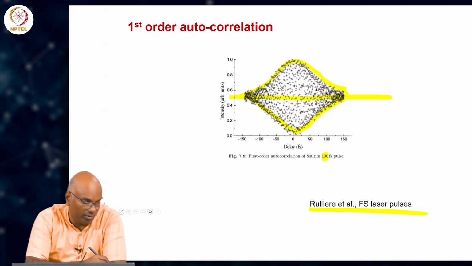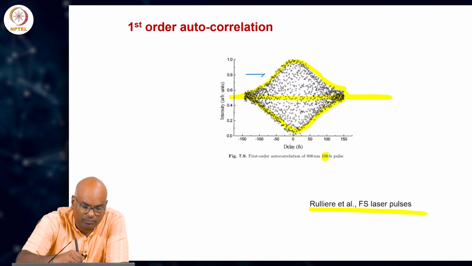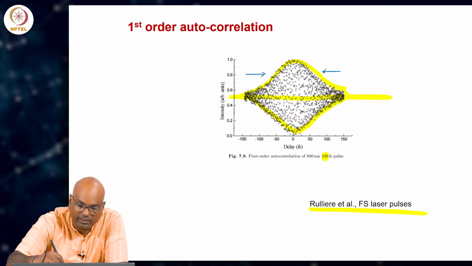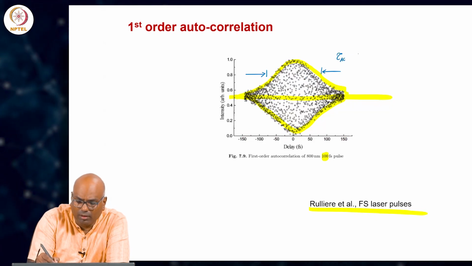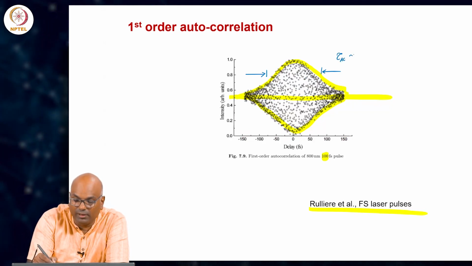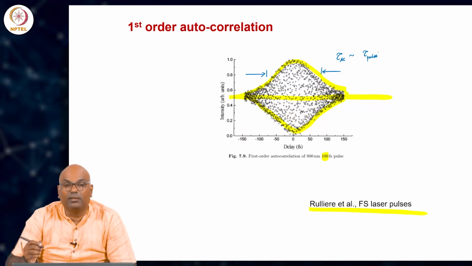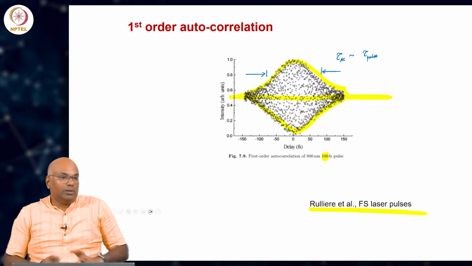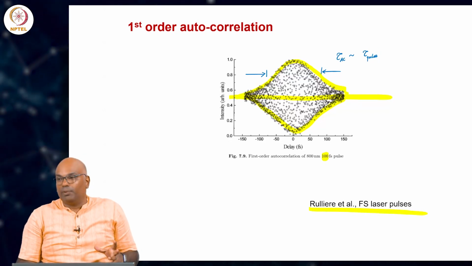And as I brought up in the previous lecture, the full width at half max of the autocorrelation is linearly related to the tau of the pulse. So, at least this we will be able to figure out, provided we have some knowledge about the shape of the envelope of the pulse.